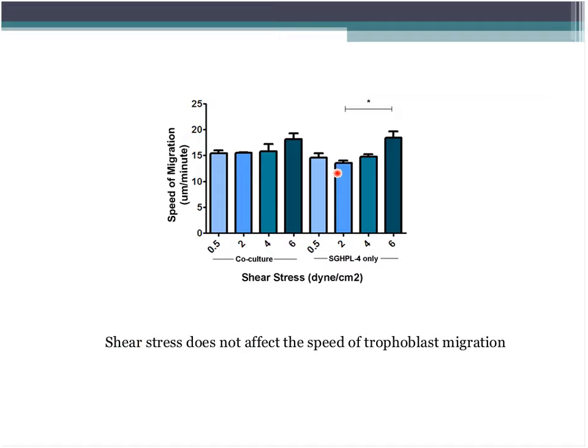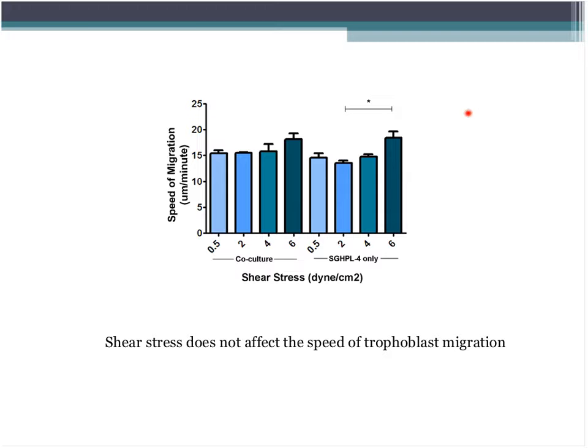In the trophoblast cultures, there was one significant difference between 2 and 6 dyne per centimetre. However, that was the only difference we saw. There was no difference between 6 and 0.5, for example. So we're not sure entirely how much biological significance this finding actually has. I think overall, I consider this that shear stress doesn't really affect the speed of trophoblast migration.